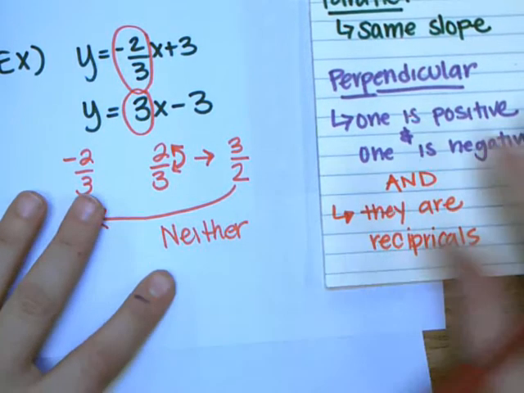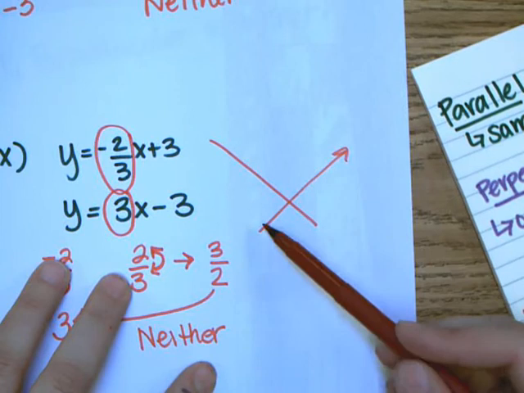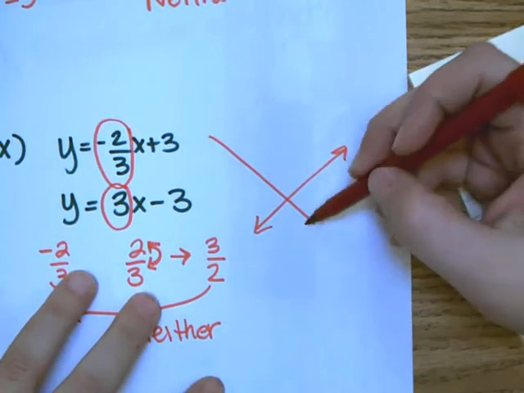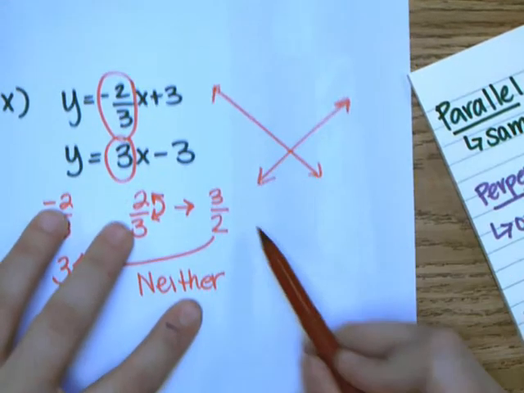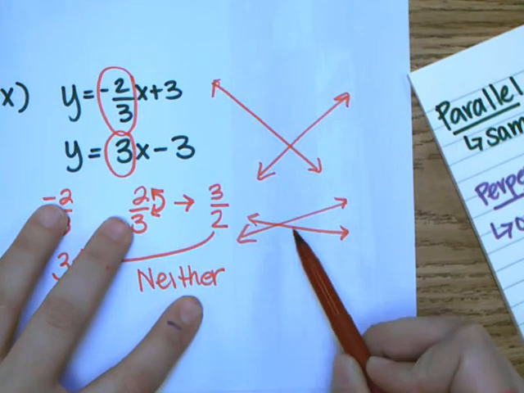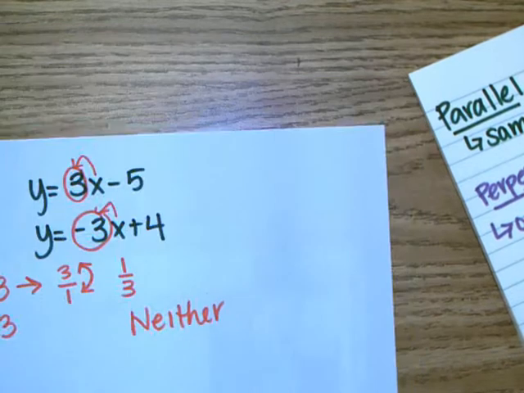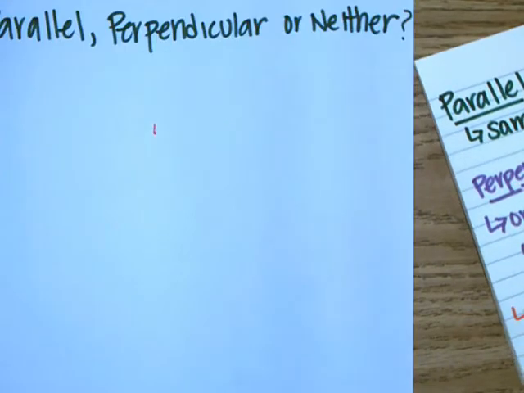That is not 3. So this one would also be neither one of them. In other words, you're going to have lines that maybe look like that. They don't make right angles, or maybe they look like this. You don't have right angles.